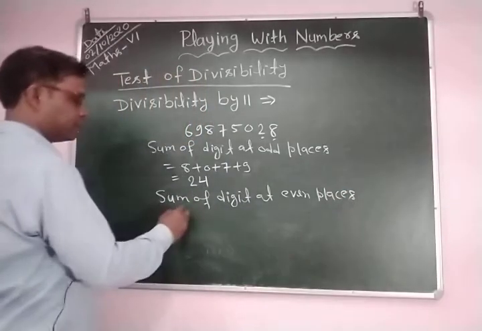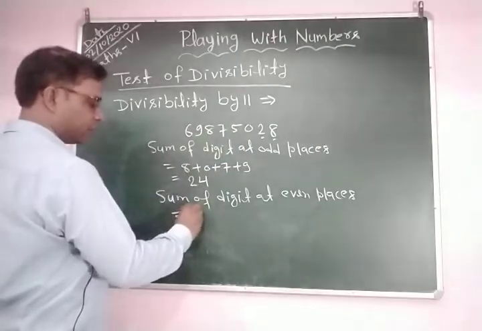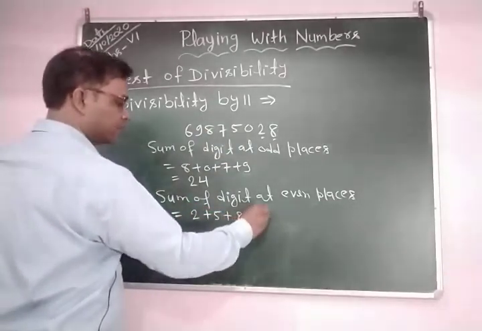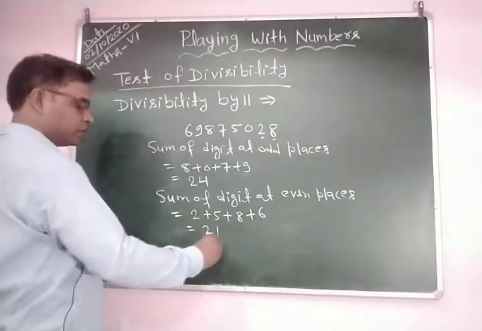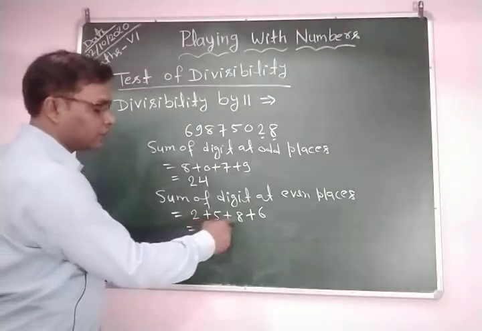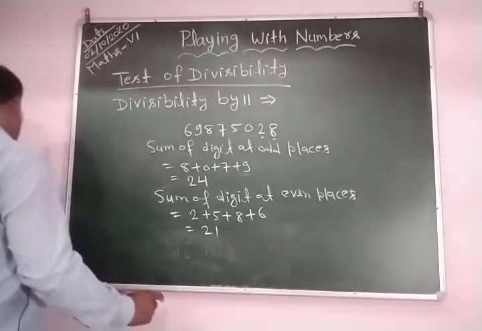This is 2 plus 5 plus 8 plus 6, which is 21. 2 plus 5 is 7, 7 plus 8 is 15, 15 plus 6 is 21. Now find their difference.